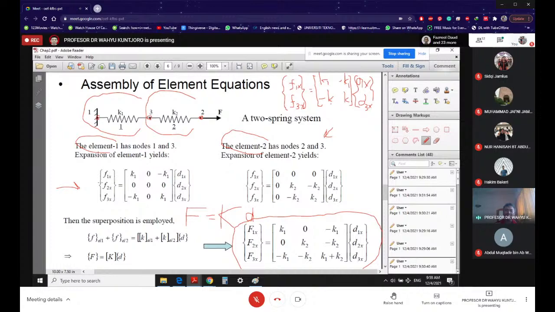So if I delete node number 2 from here, then that's what you have. It's the same story for element number 2: you don't have node number 1, so I can just delete this. Then you remain only with this one, and that is actually your element equation written as 2 by 2.